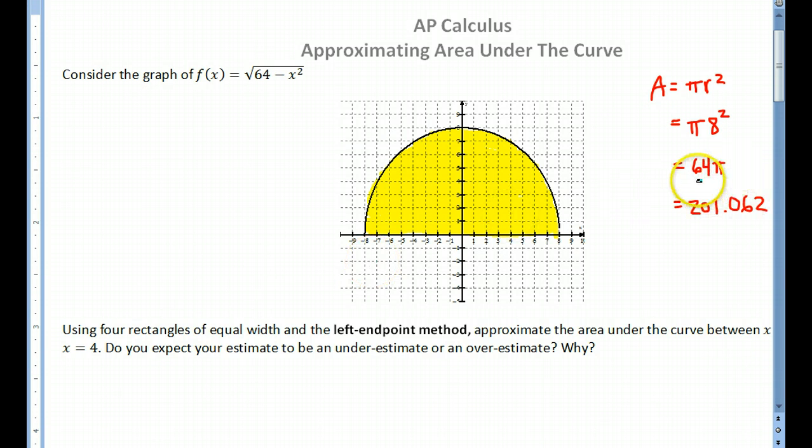So this would be divided by 2. So that would be 32 pi, which is, divide this by 2, would be 100.531.